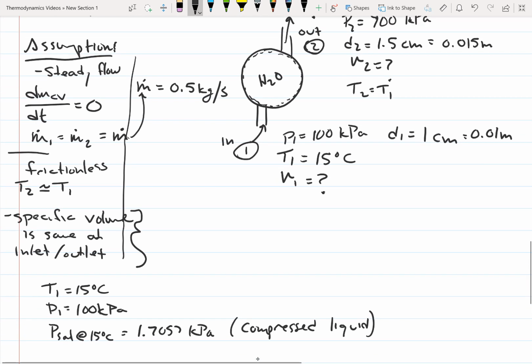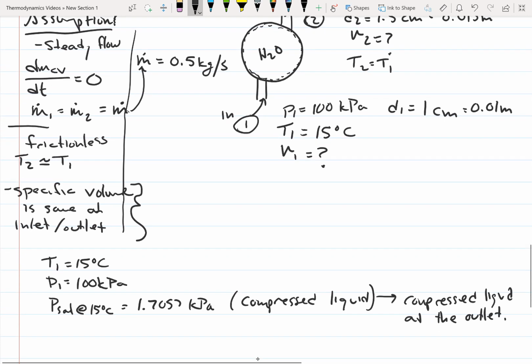So we have a compressed liquid at the inlet, but then if we assume that the temperature at the outlet is approximately the same as the temperature at the inlet, but the pressure is even higher, that means that we also have a compressed liquid at the outlet.